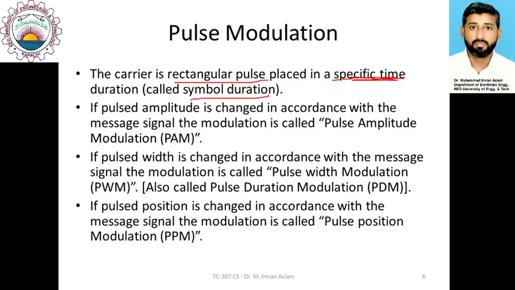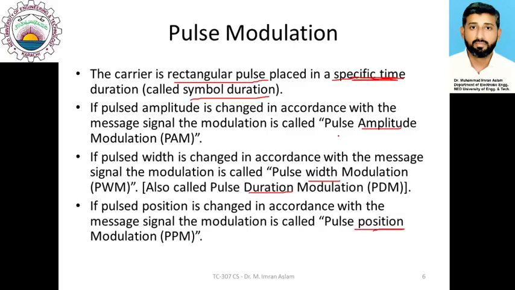Okay, the carrier is a rectangular pulse, and that rectangular pulse can be characterized by three different parameters. Its amplitude, its width or duration, whatever you call it, or third is its position.